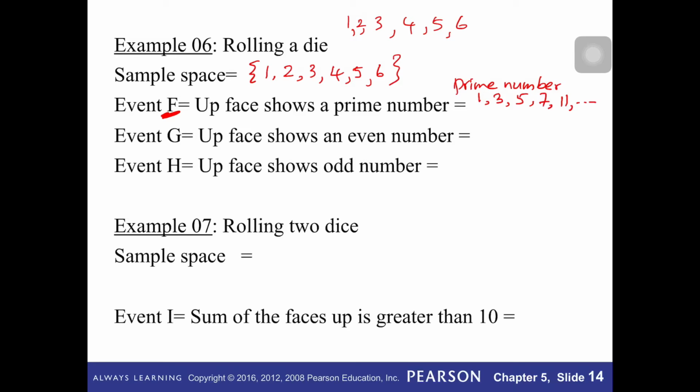How many prime numbers do we have in this case? We have only 1, 3, 5, right? So up face shows a prime number: 1, 3, 5.